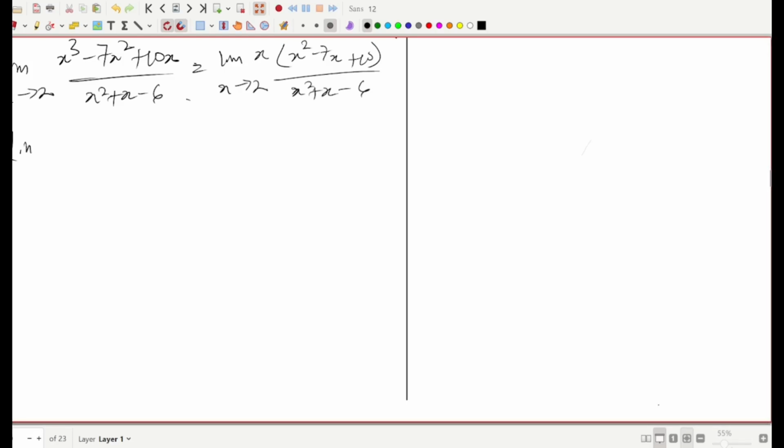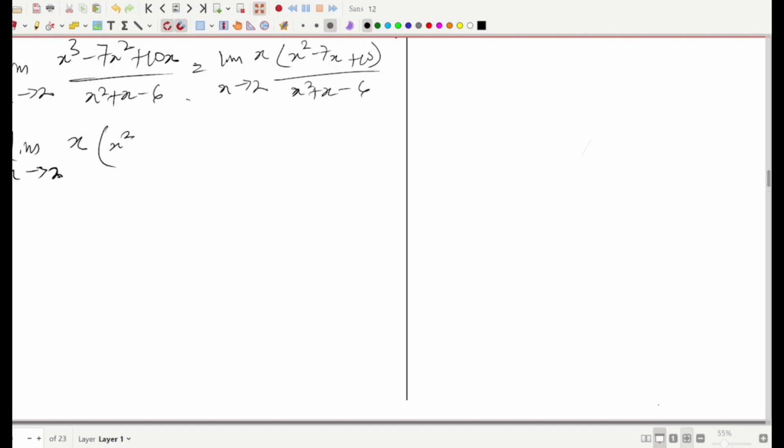Now, so we have limit as x approaches 2 of what? We can factorize x squared minus 7x plus 10 again. So we'll have x multiplying x squared. Coefficient of 1 multiplied by 10 is 10.